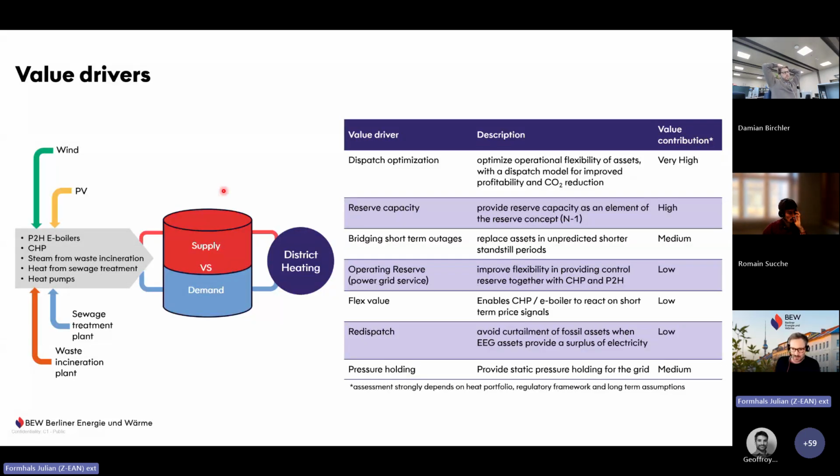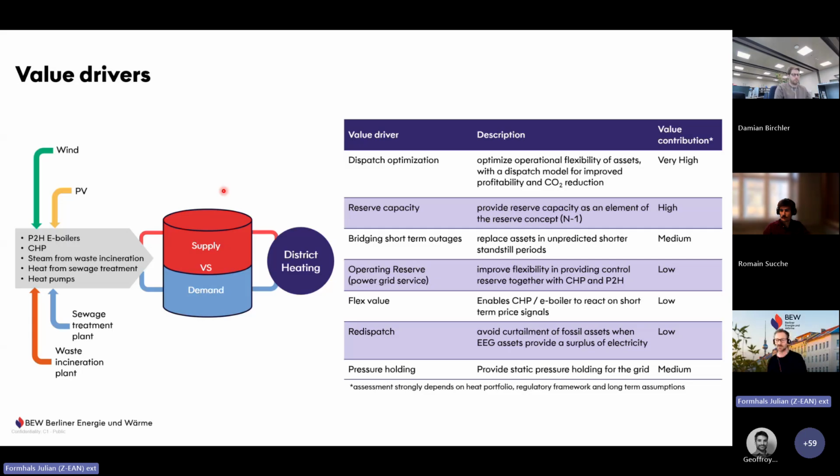And then generally, if you have redispatching, which is caused by a surplus of renewable energies in the grid, and you have to switch on or switch off your power plant capacities, then you obviously can use your tank here to make this a little bit more favorable for you.